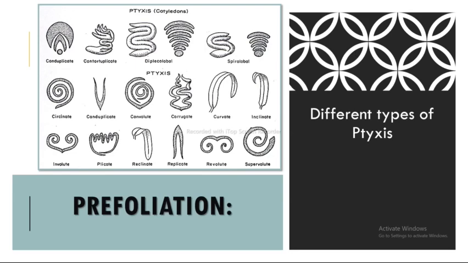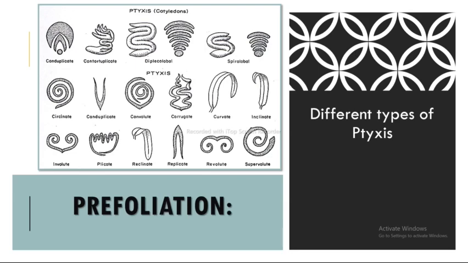Next type is the reclinate. In the reclinate condition, the lamina is folded or curved backwards from near its base so that the embryonic blade is parallel to its petiole, hypocotyl or stem.